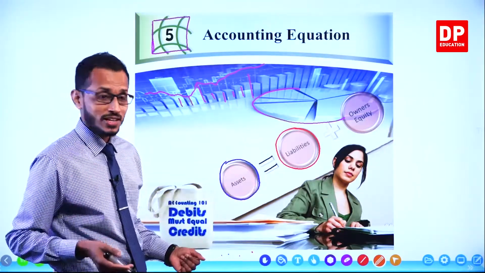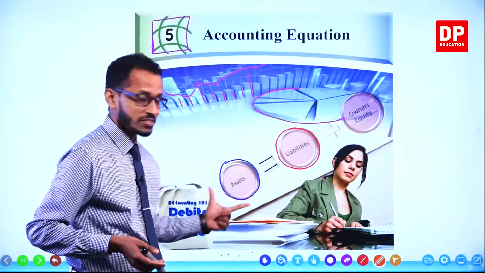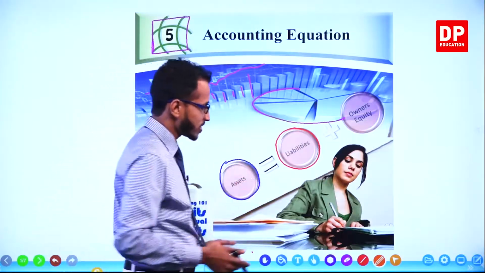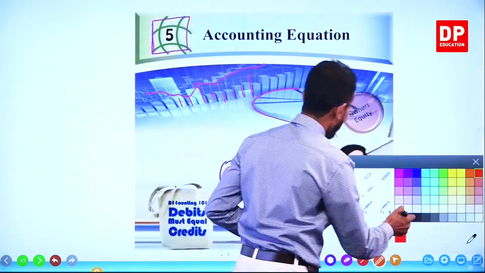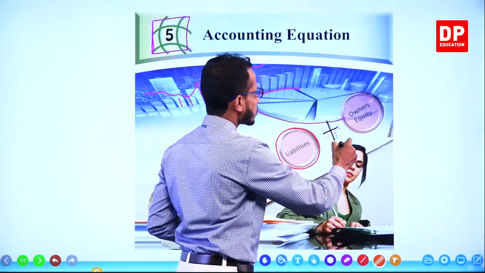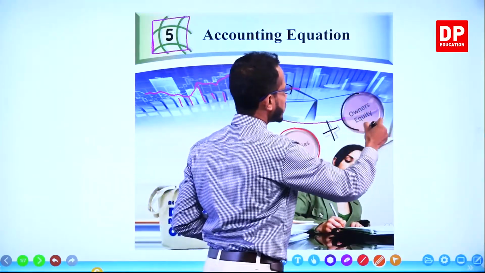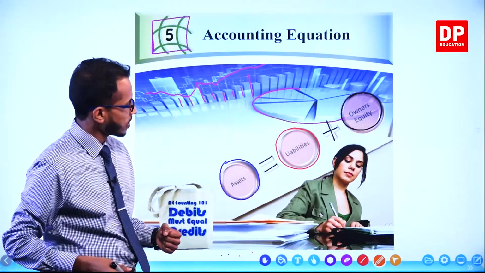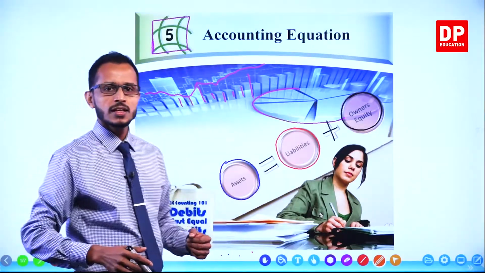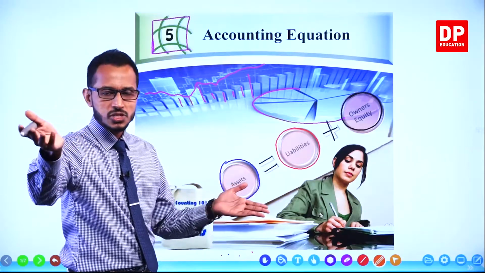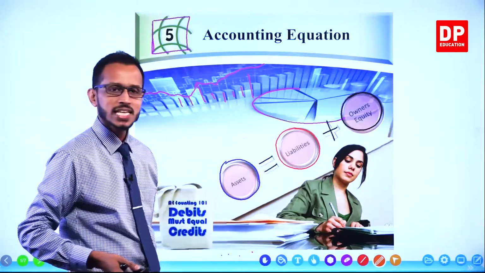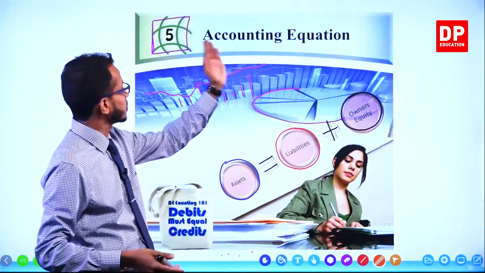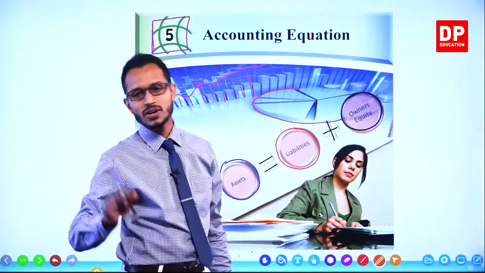You're going to learn what this connection between assets and liabilities is. Not only those two, we have plus equity, owner's equity also. Let's learn, what is this equation? Accounting equation, what is it about?